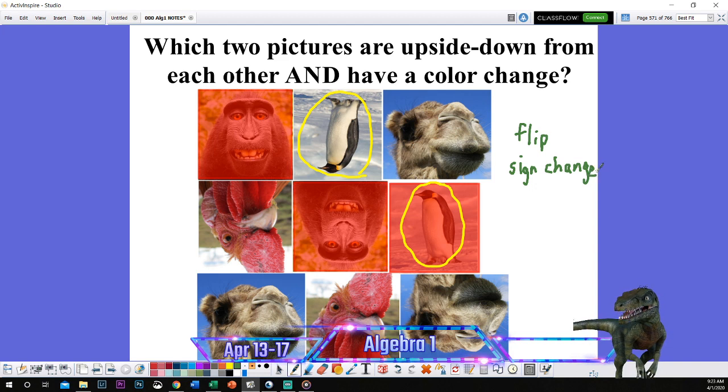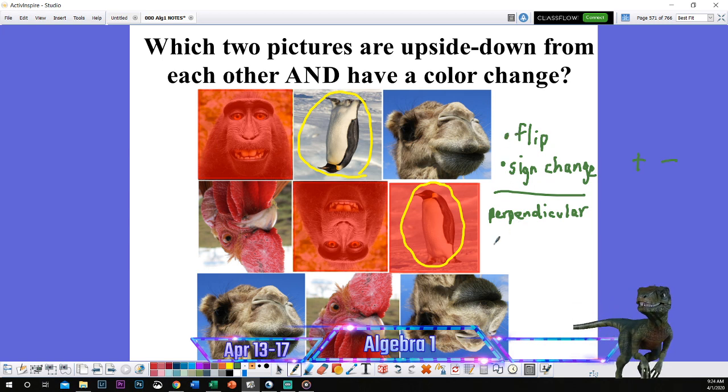So what I mean by that is if it was positive, now it's negative. If it was negative, now it's positive. So if you flip and change the sign, those are going to be perpendicular. Alright, so you have to both flip and change the sign of a fraction, and they will be perpendicular lines.